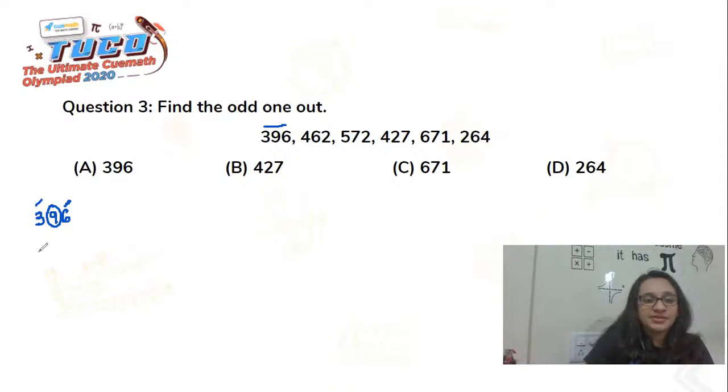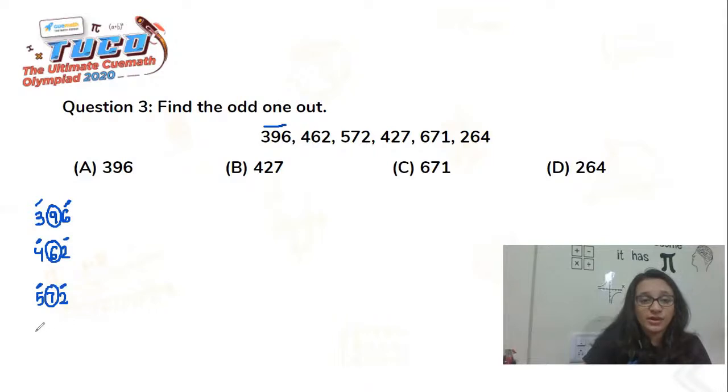Taking up the second number the same way, we have 462. If I add 4 and 2, I get the digit in the middle, which is 6. Going to the third number the same way, we have 572. This digit, which is 5, and digit 2, when added, give us the digit in the middle, which is 7.